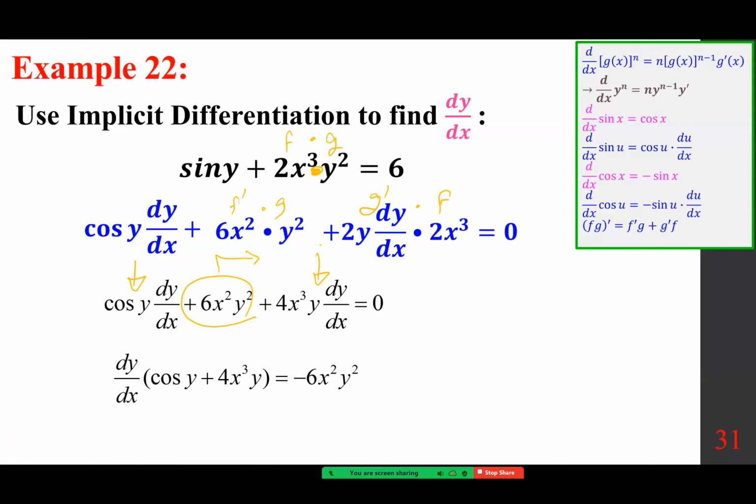And all you have to do is divide both sides by the parentheses, namely cosine y plus 4x cubed y. And that's the final answer. We are dividing by this expression.